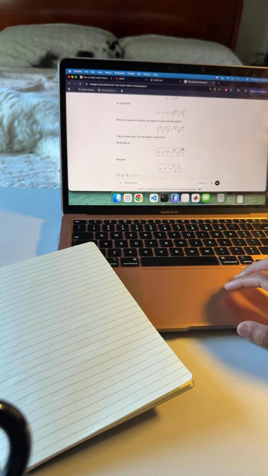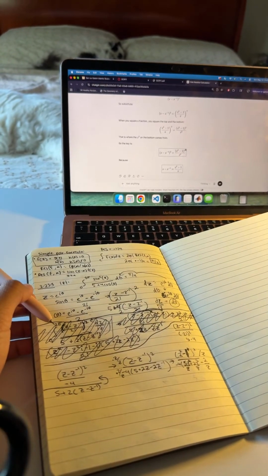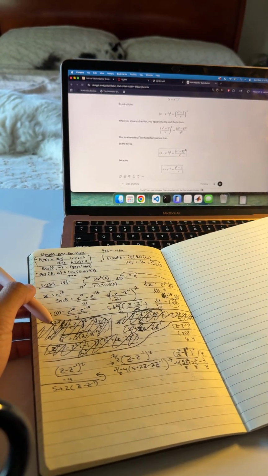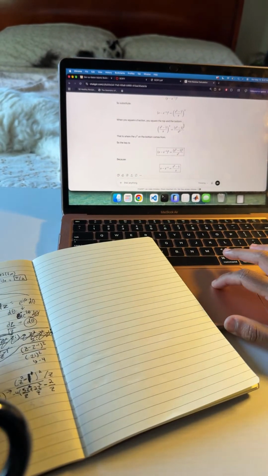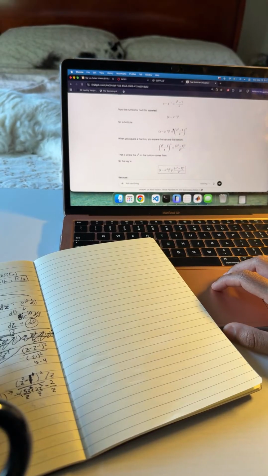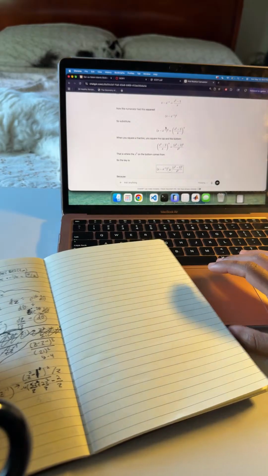Oh, you squared the top and the bottom by z squared. No, wait, hold on. The bottom was not a z, it was a 4.